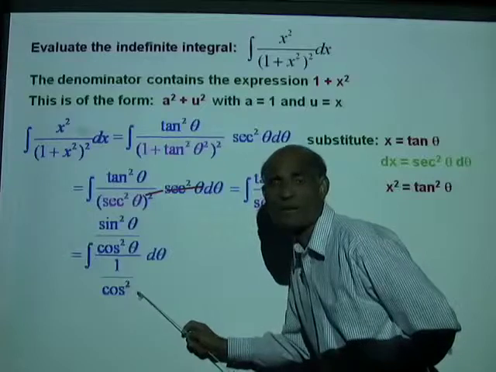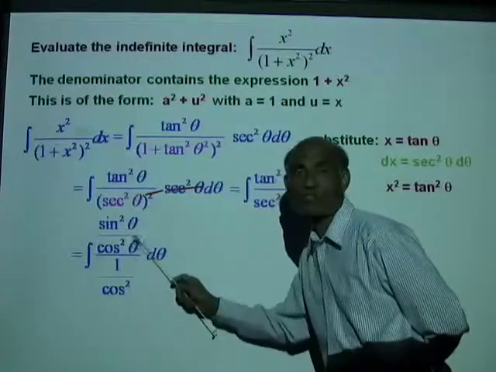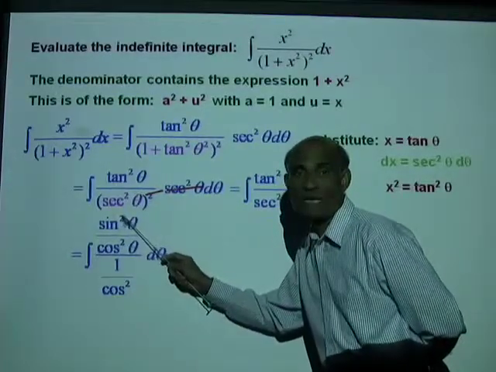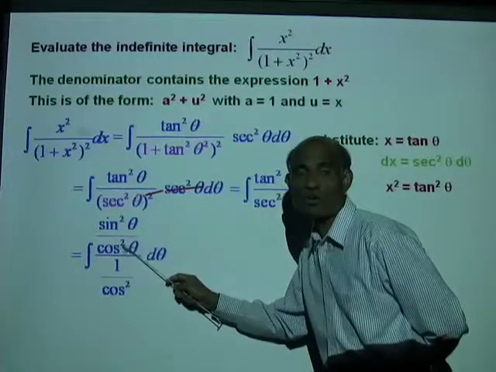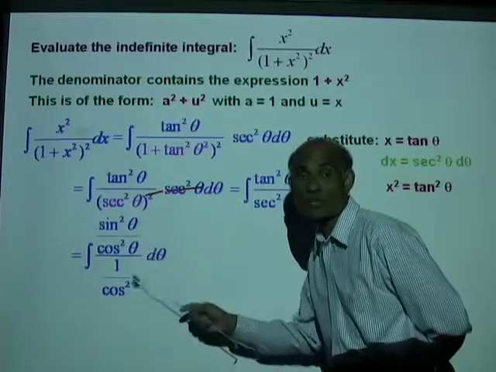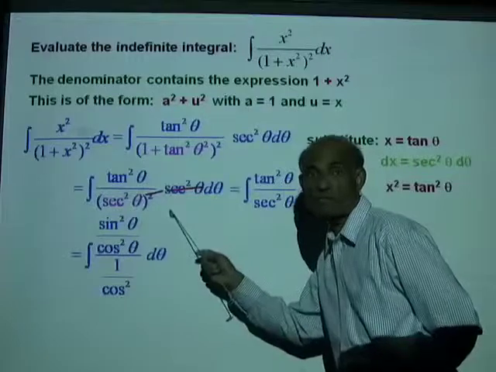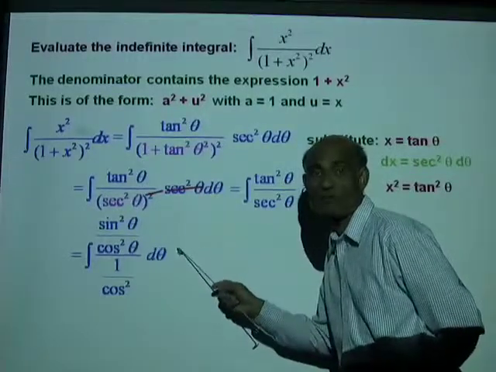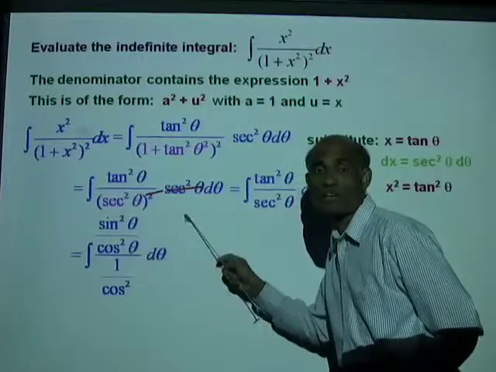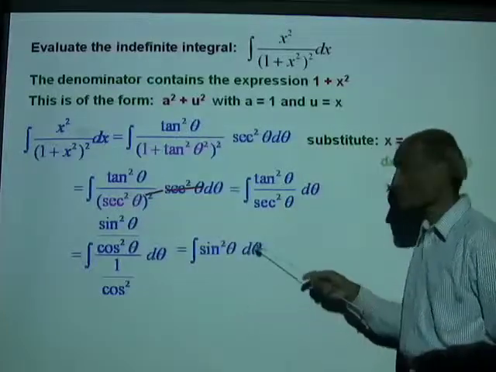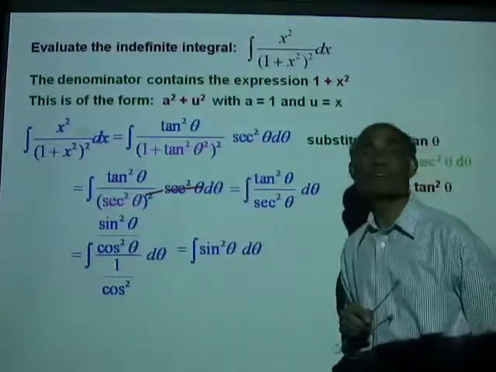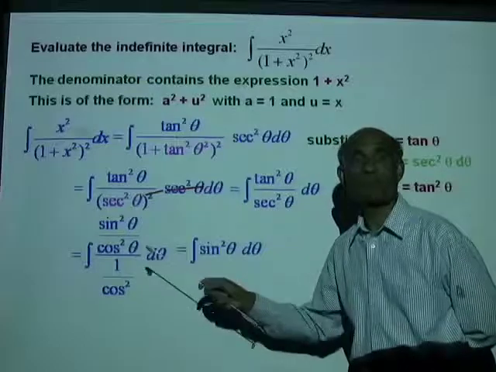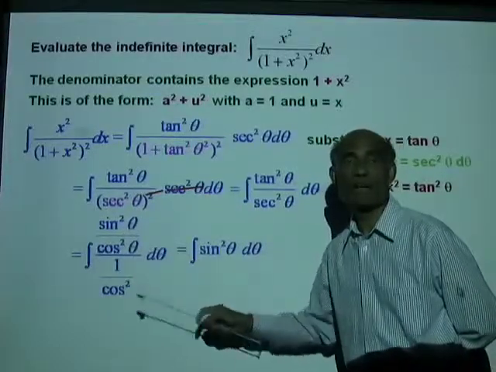And what is this? Try it in your mind. It is sine squared theta over cos squared theta times, reverse and multiply, cos squared theta divided by 1, and cos squared theta and cos squared theta will cancel, leaving us with integral sine squared theta. I hope you can deal with that.